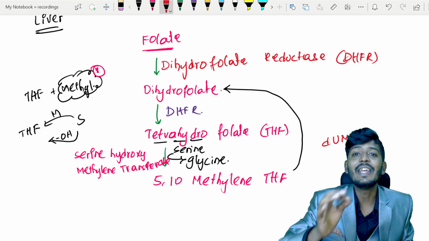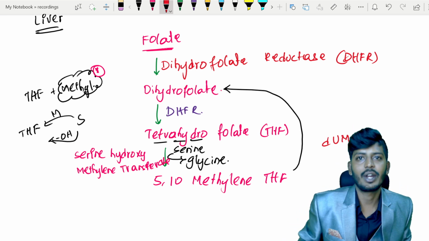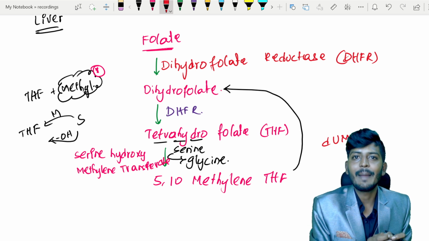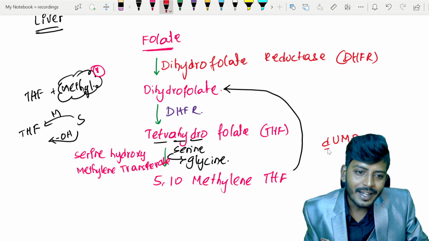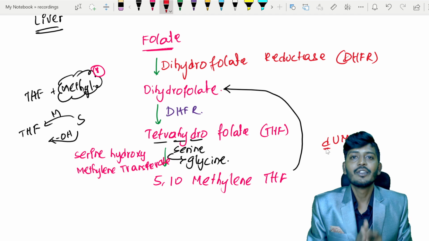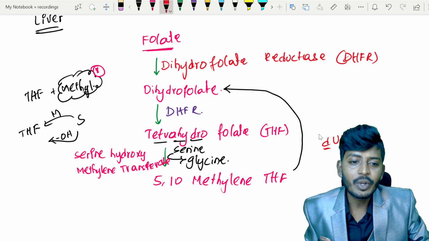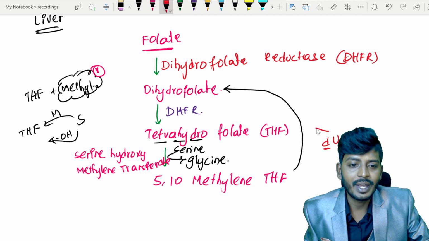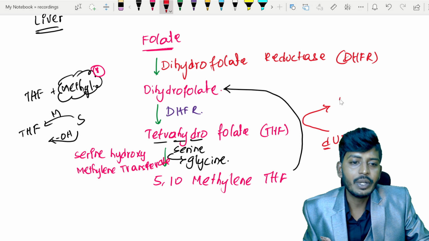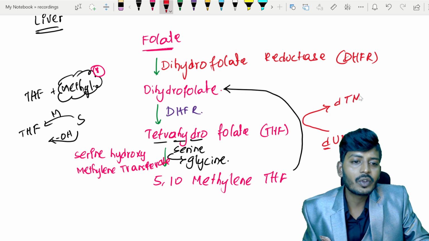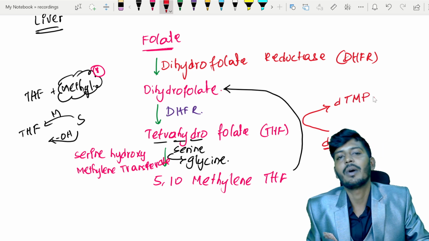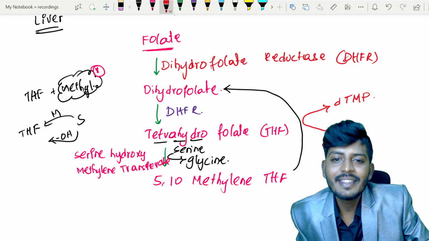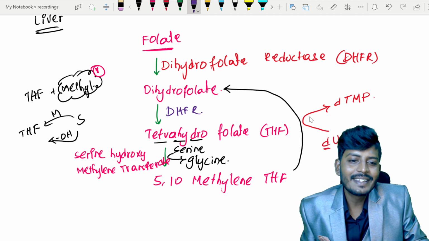It is dUMP, that is D for deoxy, deoxyuridine monophosphate, which will get converted into dTMP, deoxythymidine monophosphate, with the help of an enzyme called thymidylate synthase.